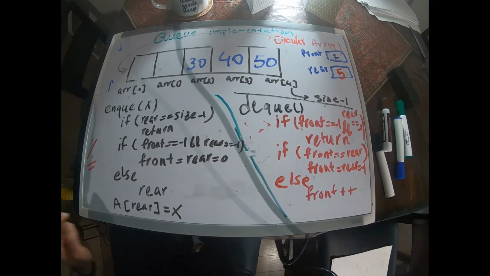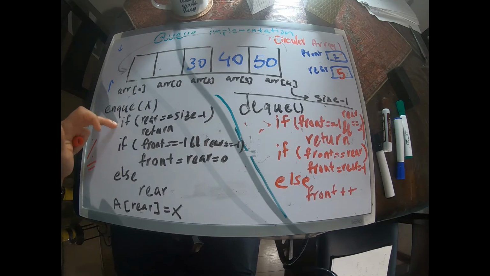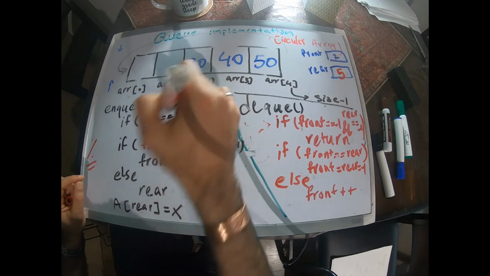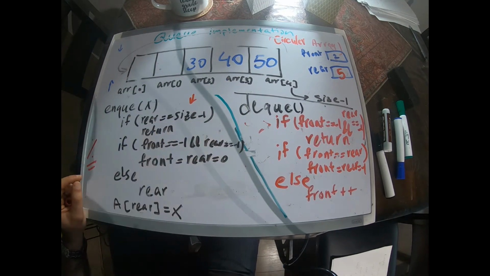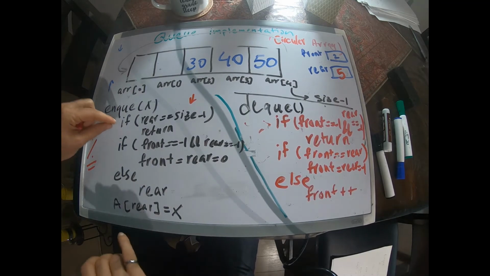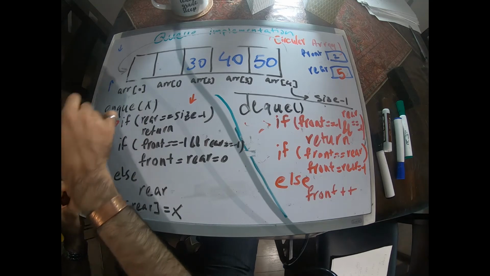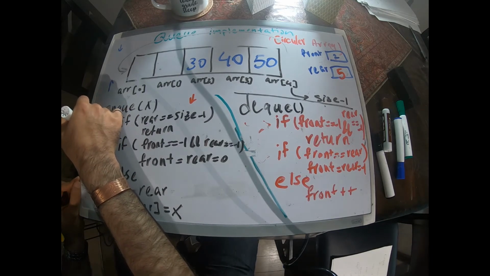We check that our array is not full. I'm going to change this one later, because this is not going to be the correct condition for circular array implementation. But here we check that the array is not full. It's not full.